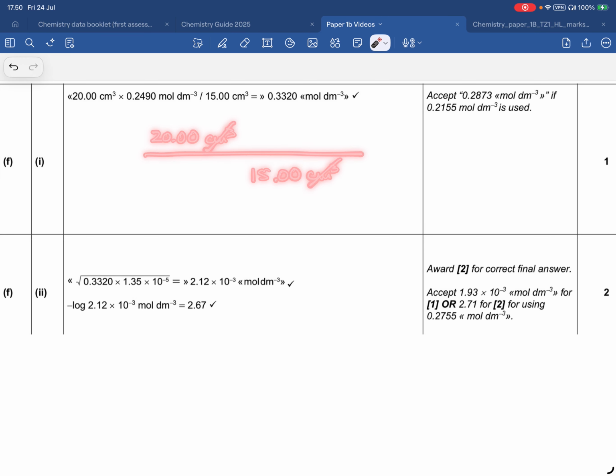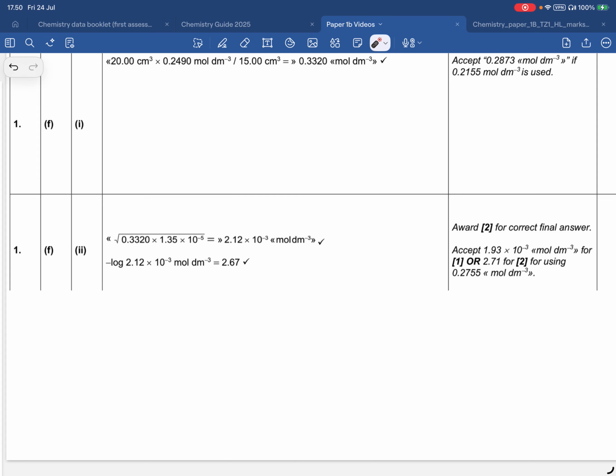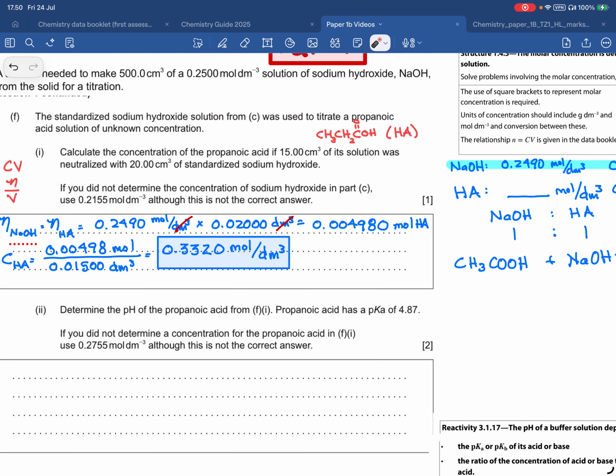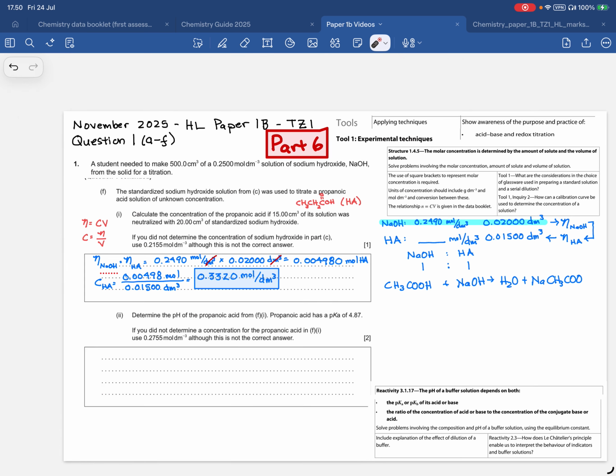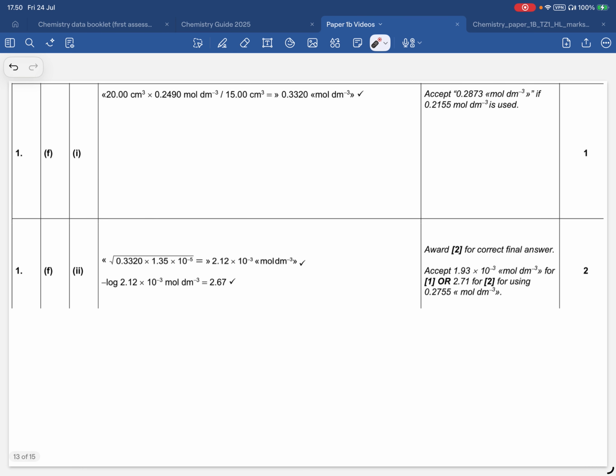That's fine if you understand how the math works, but I always counsel my own students to change things to decimeters cubed because that is the definition. And then, of course, it gives you the answer if you use the alternative 0.2155. Notice there are no marks here for significant figures. But that's the way it goes.